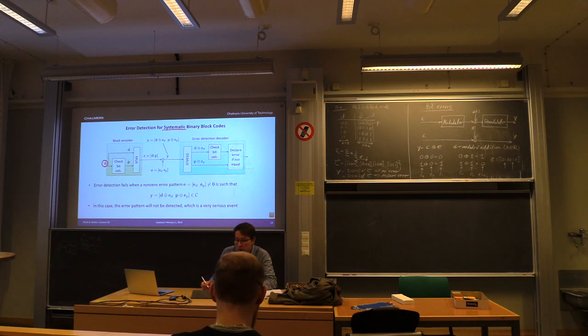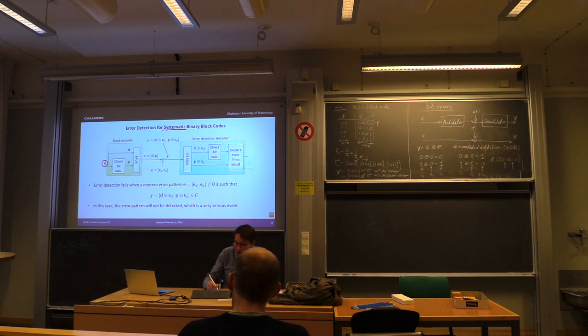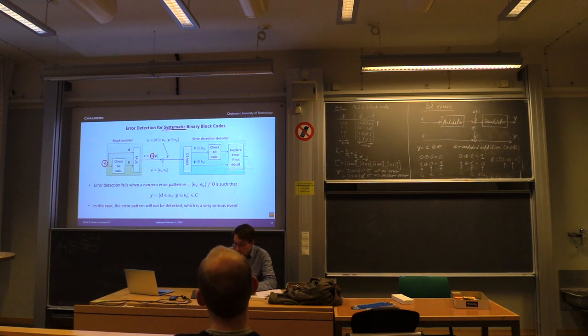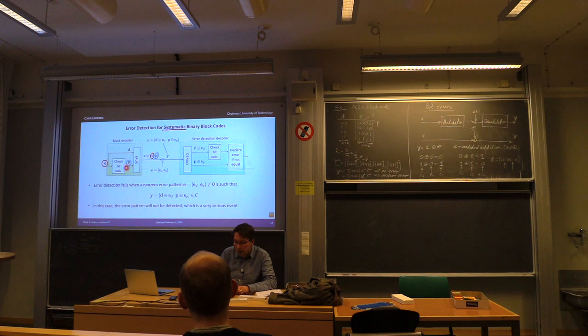And since it's systematic, the code word that we transmit will have the information bits at the beginning, and then we have some parity bits, which will be at the end. So the encoder simply copies the data bits and then calculates the parity bits and puts them next to each other. This is transmitted over the channel.